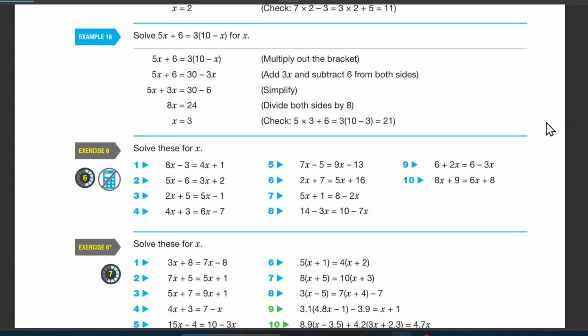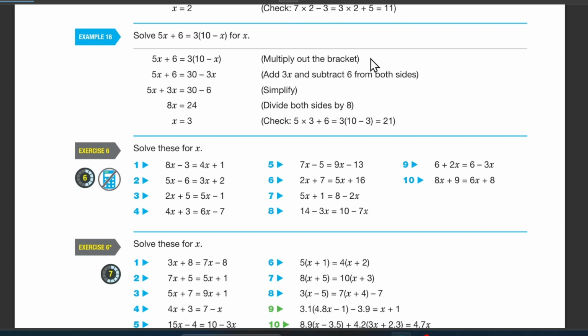And in the 16th example, you can see 5x plus 6 is equal to 3 times the bracket 10 minus x.